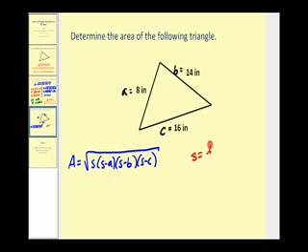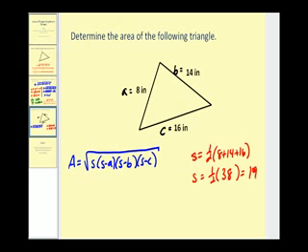So let's go ahead and determine the value of S, which is half of the perimeter. So we're going to have 1/2 times the quantity of 8 plus 14 plus 16. It's going to give us 1/2 times, so it looks like this would be 30 plus 8, so we have 1/2 times 38, so our semi-perimeter is equal to 19.